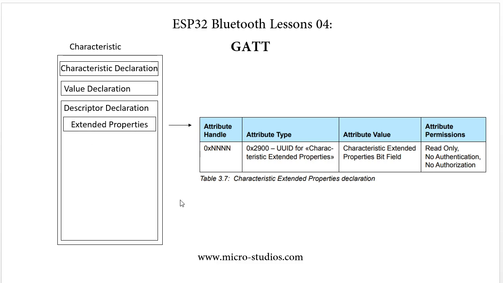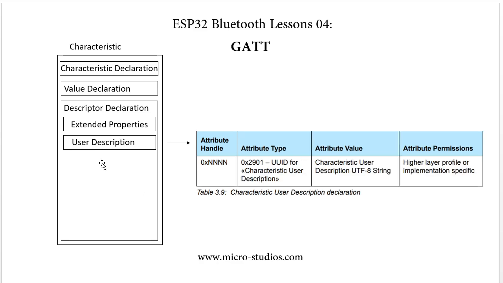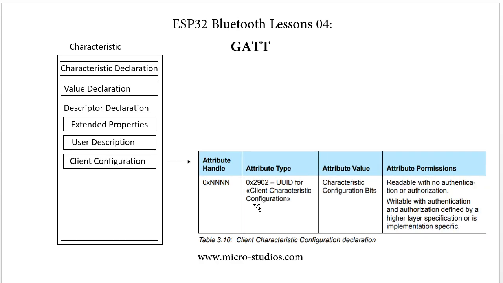Next is user description. If we find the UUID is 2901, this group of data is for user description, and this attribute value is UTF-8 string data. Next is client configuration.